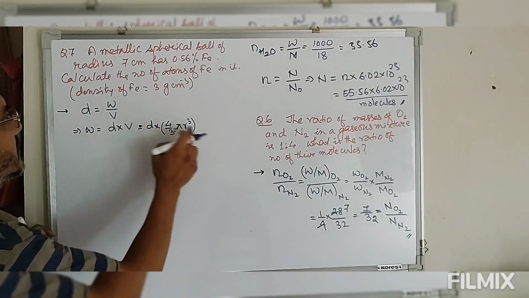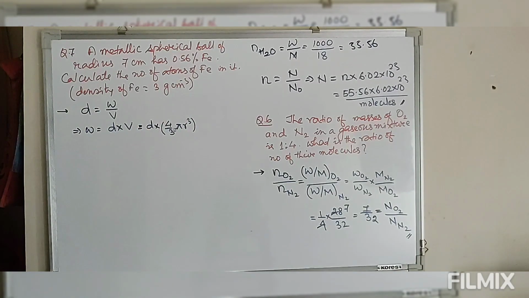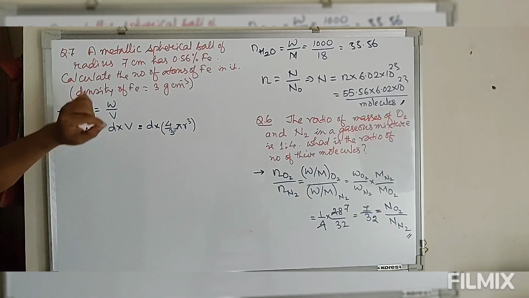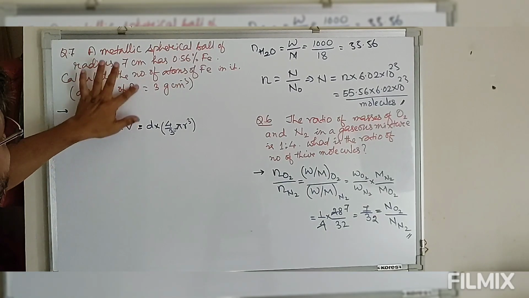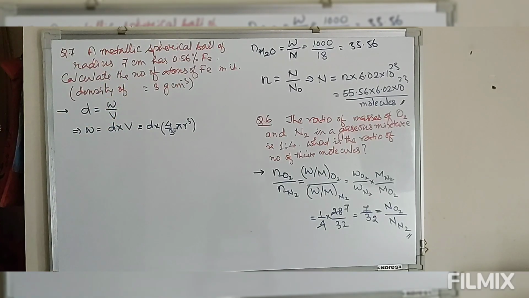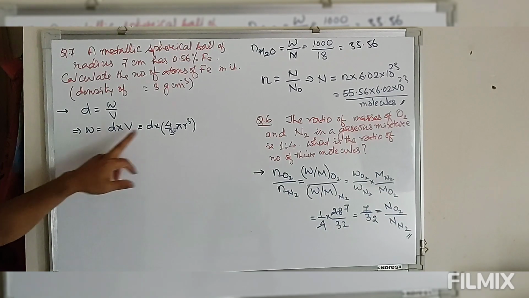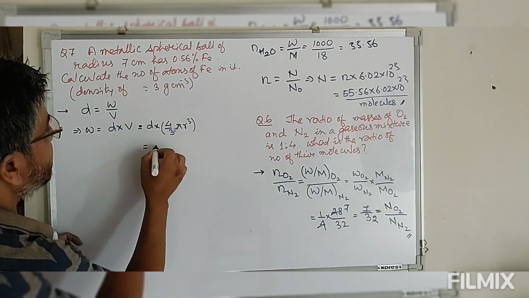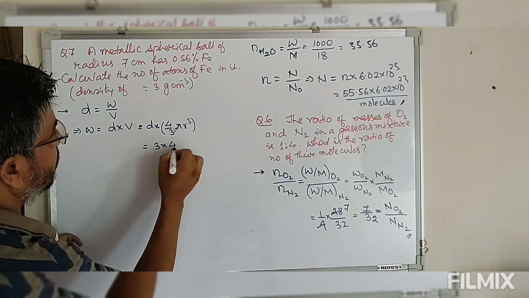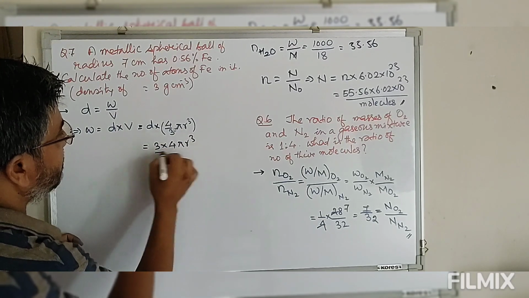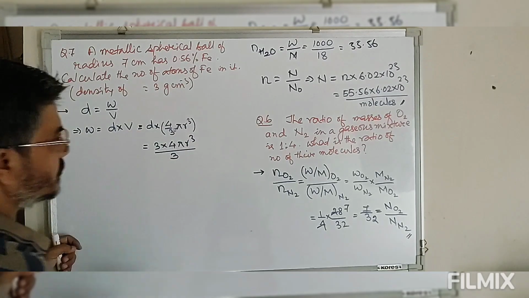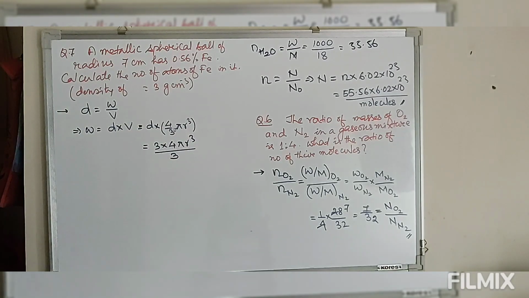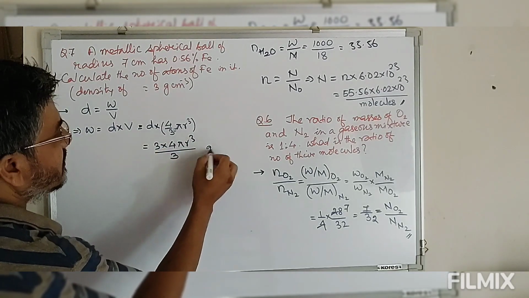So we have the mass, which is the density of the sample. So now look at this, mass is given as 3 into 4 pi r cube divided by 3. We can cancel out 3 also. So this is the mass in terms of gram.